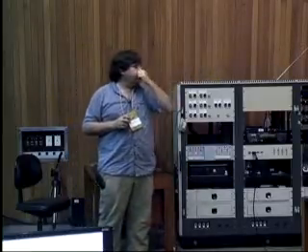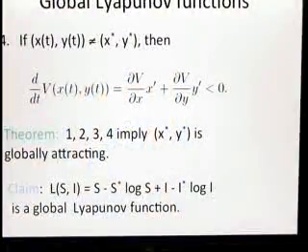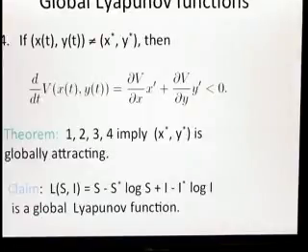So this function L is a global Lyapunov function, and it's very easy to check because you just use the chain rule and you use the differential equation. At first you might think it's impossible to check, but it's actually very easy to check that this is a global Lyapunov function. So this is one way of proving that the endemic equilibrium point is globally attracting.